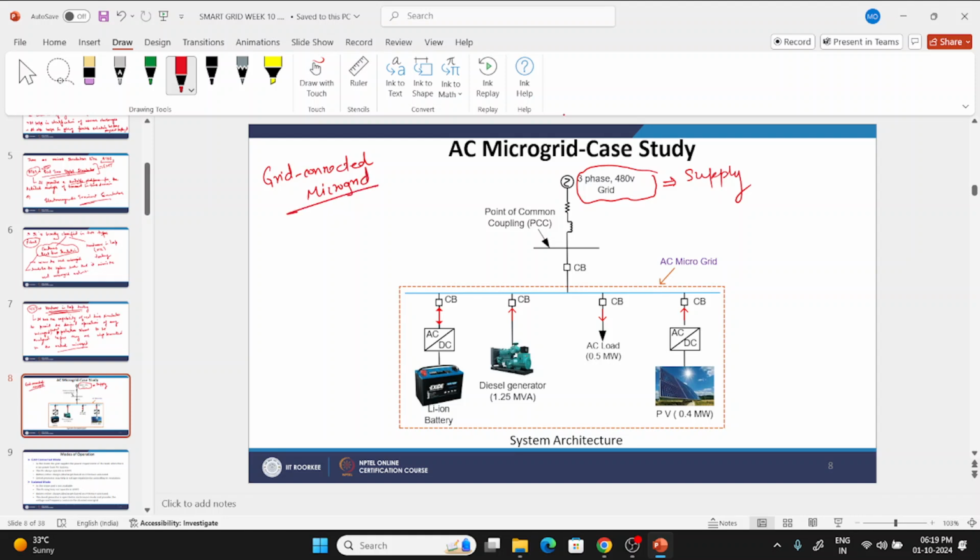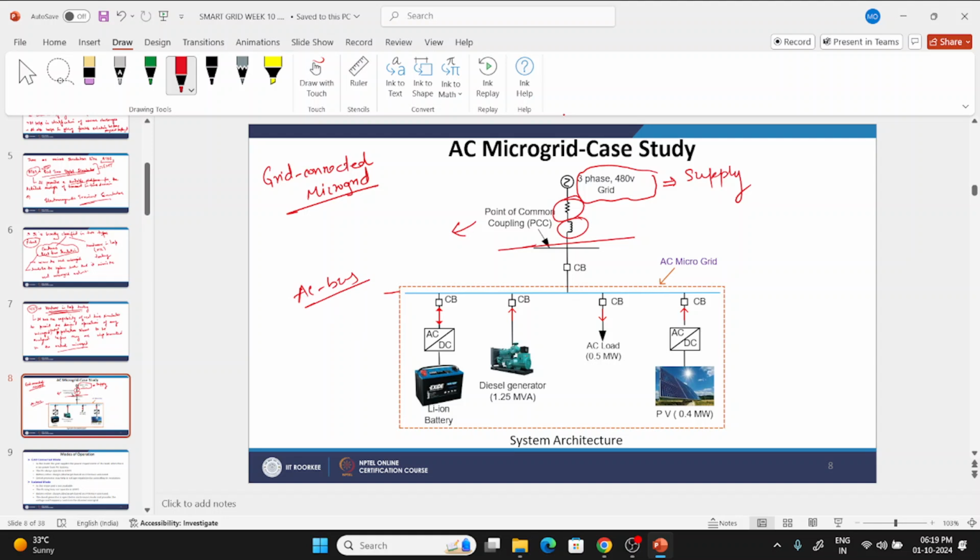The supply has some reactance, admittance, which is represented by this. And then comes a bus, which is known as the point of common coupling. This point of common coupling will decide whether the microgrid is in islanded mode or grid connected, if it is on or off. So now after this, this is an AC bus because we are considering an AC microgrid.